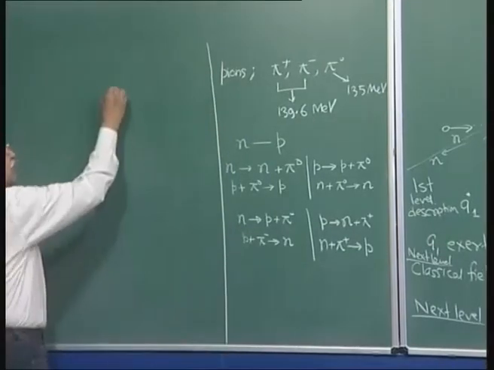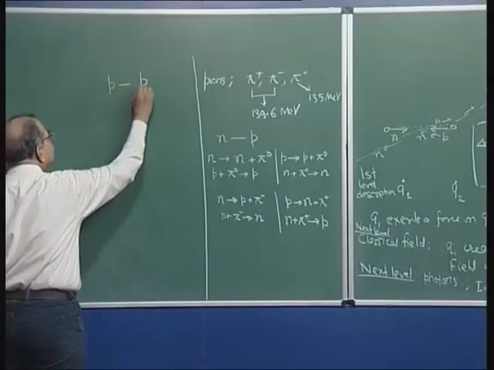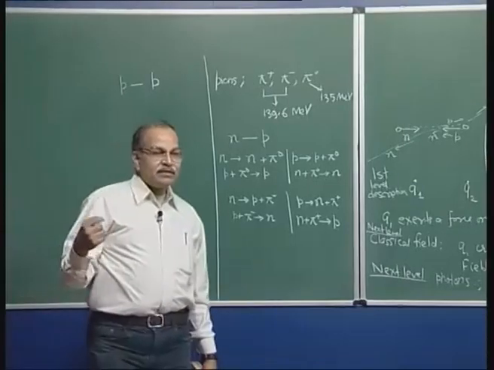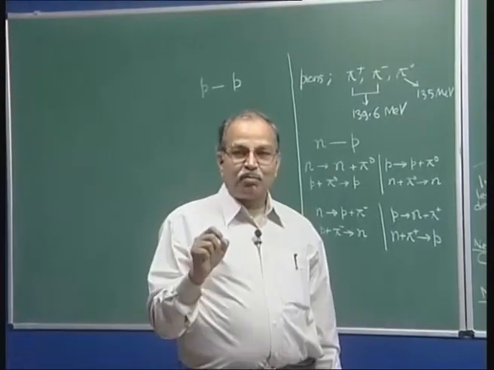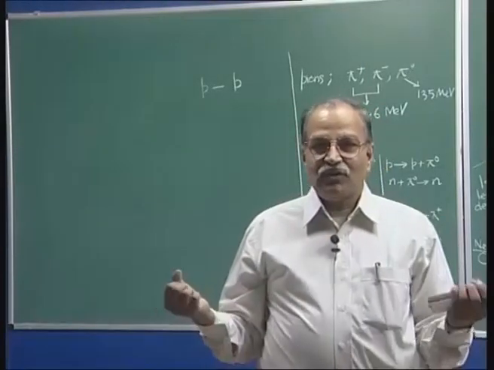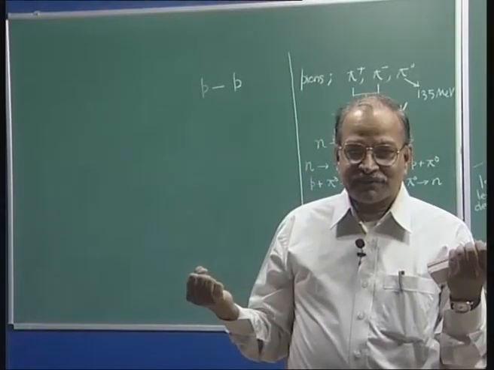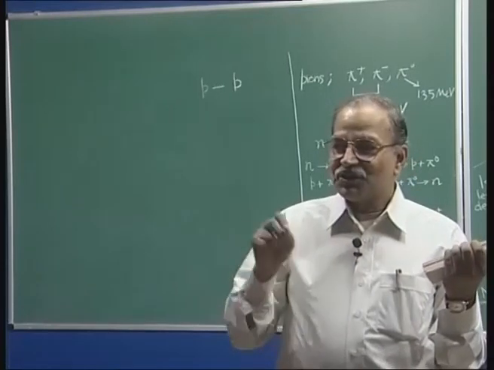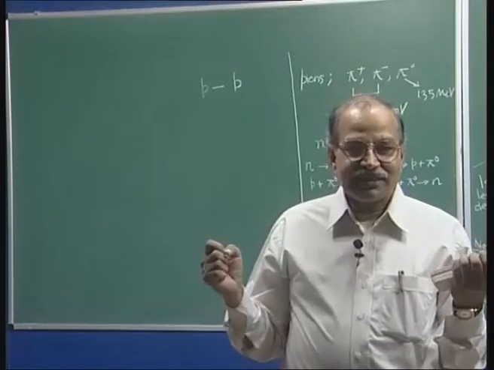If you consider PP interaction between a proton and a proton, what kind of exchange particle can mediate this? Out of the three, pi 0, pi plus and pi minus, I am looking at interaction between two protons. Which pion or which pions can mediate this interaction?